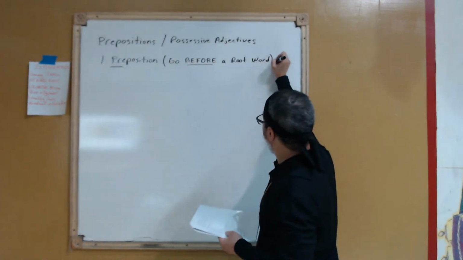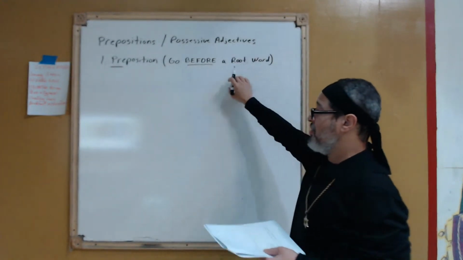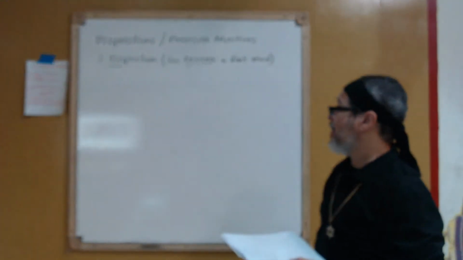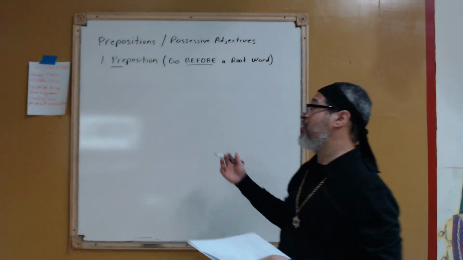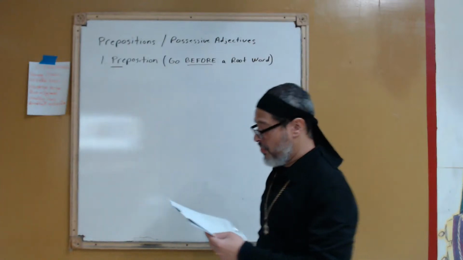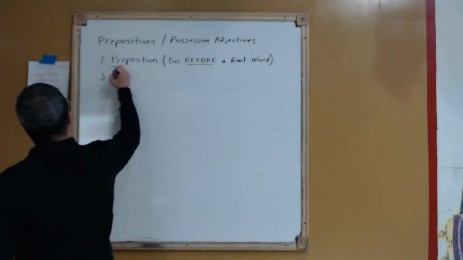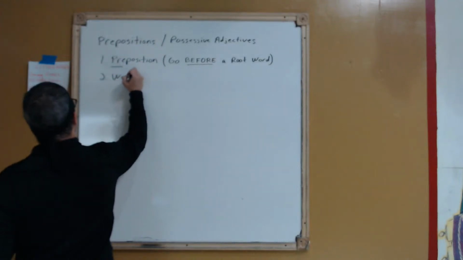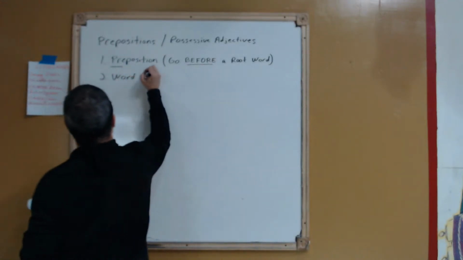So there's always a root word in the Hebrew, and sometimes there's a preposition that goes before it. Second would be the word, which is the root.